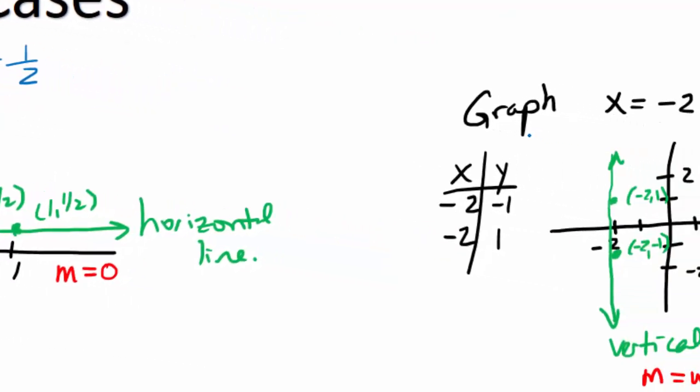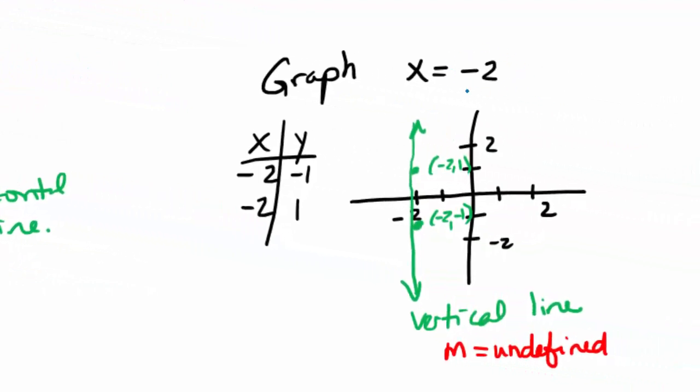On the other hand, if y is missing from the line, that means that the x is always constant. So in this case, for example, x is always -2. So I listed a couple of pairs of coordinates where the x value is -2. I listed (-2, -1) and (-2, 1). And when I plot those, I see that I actually get a vertical line. Slope is how much the line rises for each step forward.